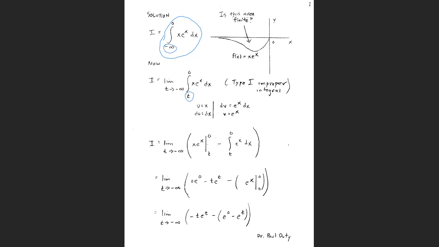Think of t as some finite number. And so I'm going to find an expression for this proper integral here. And once I find it, then I'm going to let t go to negative infinity. And then that'll be equivalent to my improper integral. All right, that's what we had to do. And now here we are, trying to evaluate this limit.